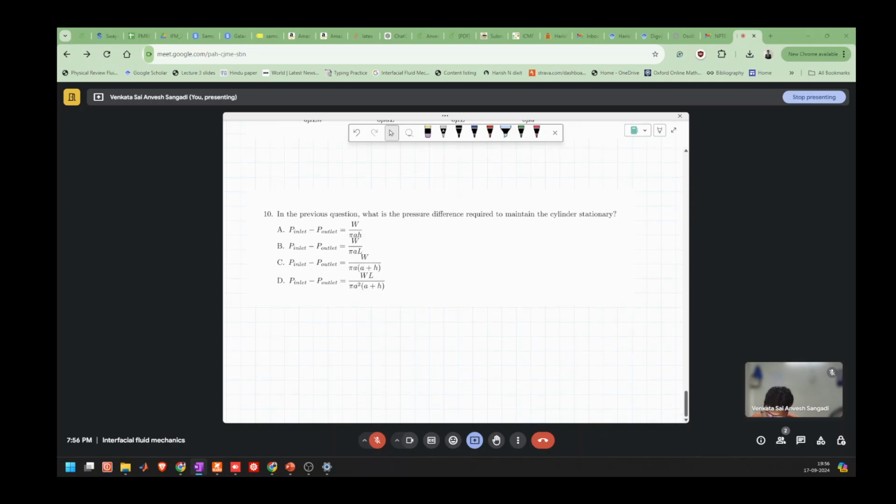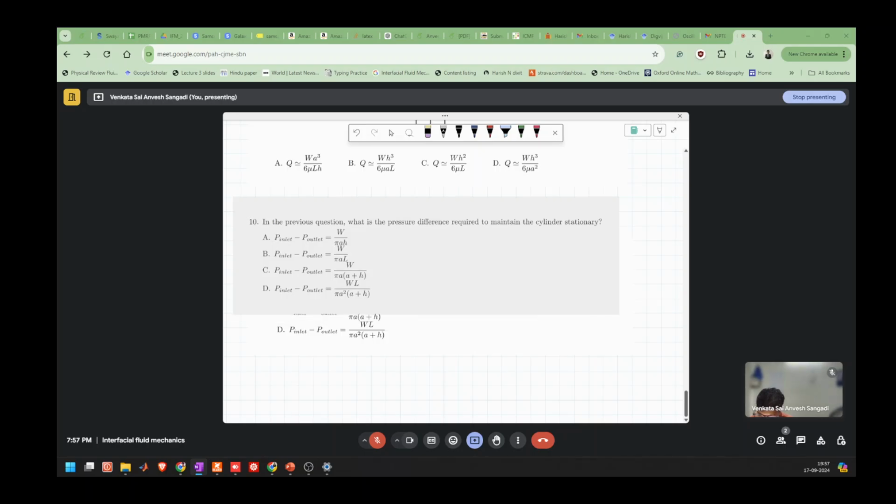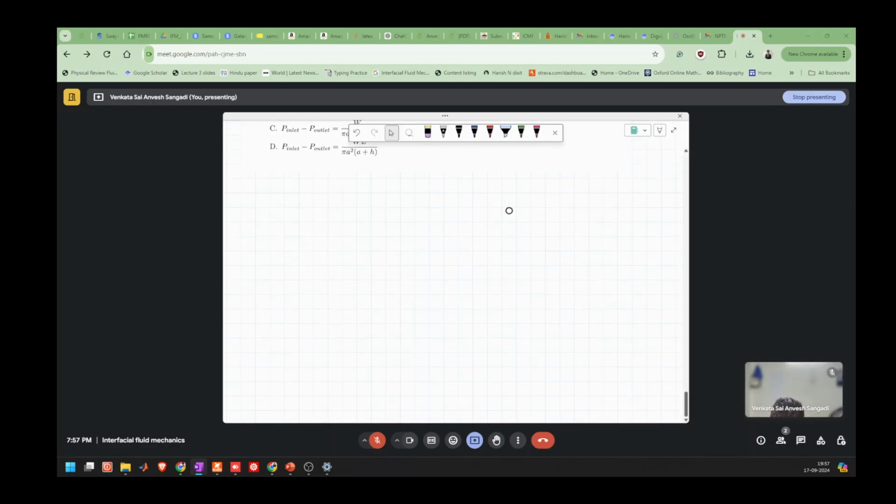And the other question that is asked is, in the previous question, what is the pressure difference required to maintain the cylinder stationary? So we have both the questions. Let's look at the solution.